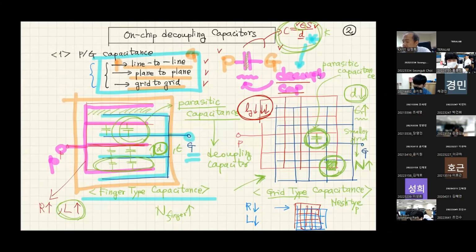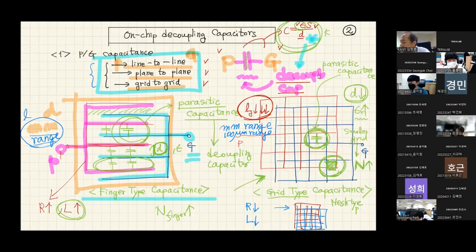Here, the dimension might be in the millimeter range. Here also, the finger size might be in the millimeter range, or in some cases the 100 micrometer range.